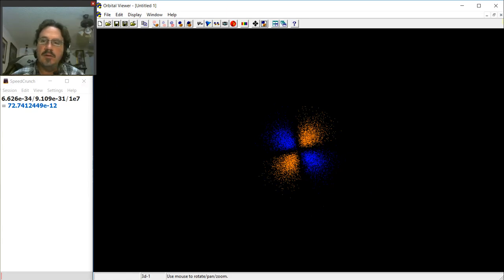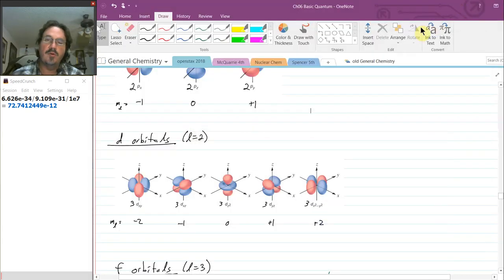Some of them are located in the XY, YZ, XZ planes. You've got all these different orientations, and that's what these are here. You see there is one right here, which is primarily along the z-axis, with, instead of a lobe, this kind of double lobe, which is a ring, essentially the same as the double lobe.